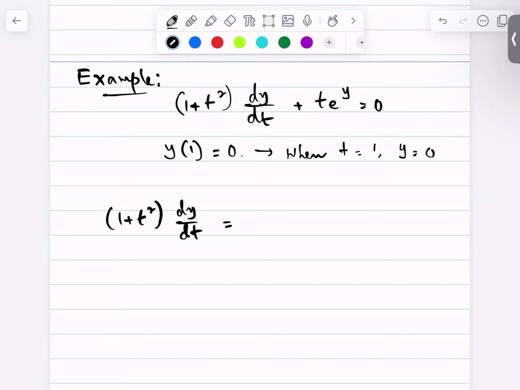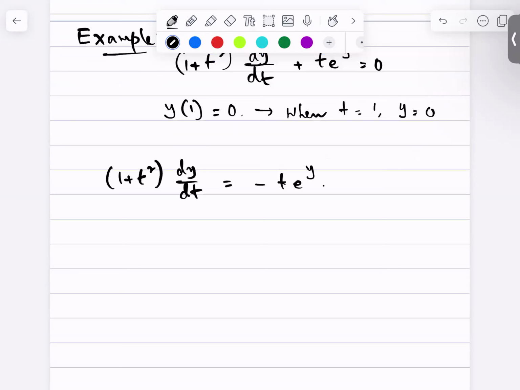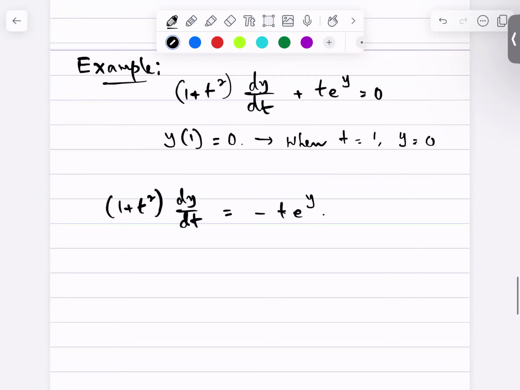So this is minus t e to the y. Okay, I just shift the t e to the y on the other side, and then the idea is still the same. I'll try to collect all the t terms on one side.